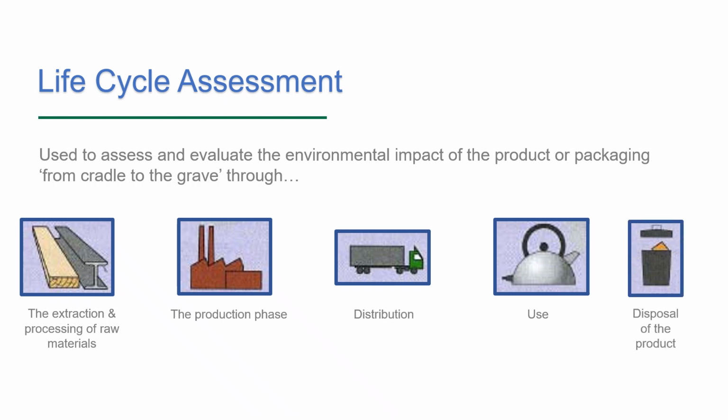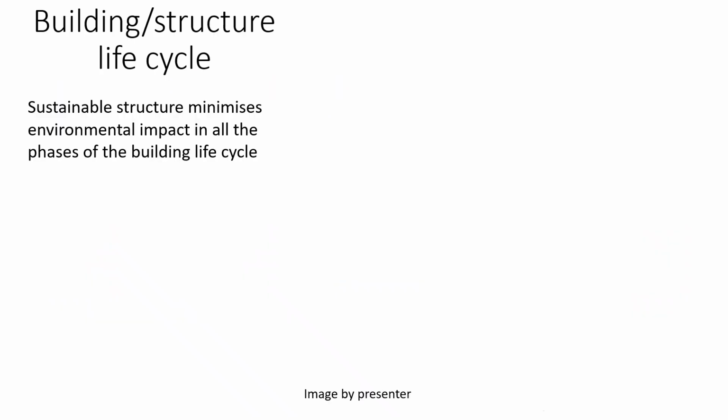All of them together call for life cycle assessment. It starts from the mining of the material to the end of that product's life, where we dispose it or reuse it, whatever. That's the whole life cycle. Let's have a look at this life cycle assessment in detail at the very end.